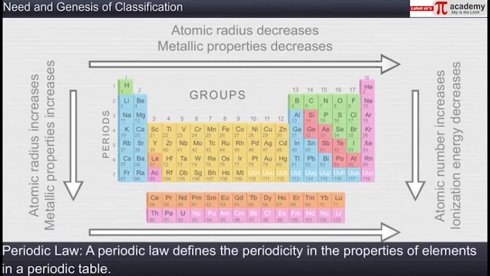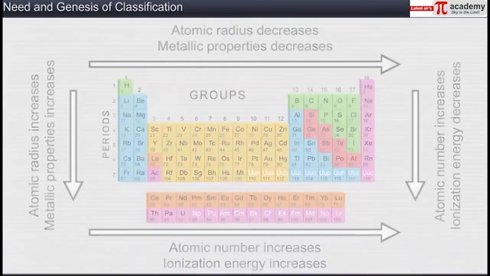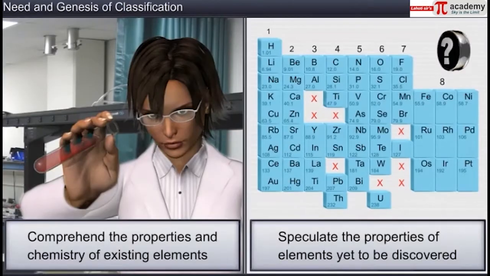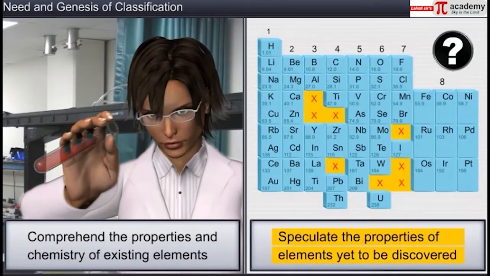A periodic law defines the periodicity in the properties of elements in a periodic table. This classification not only helped scientists in comprehending the properties and chemistry of existing elements, but also in predicting the properties of elements that were yet to be discovered.